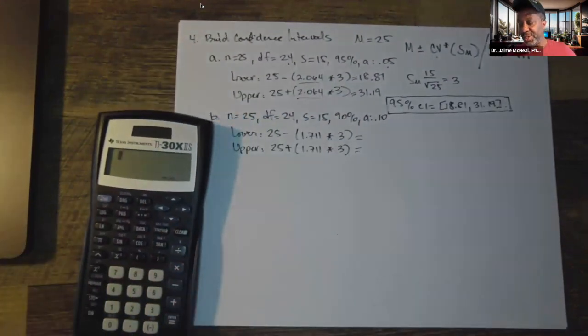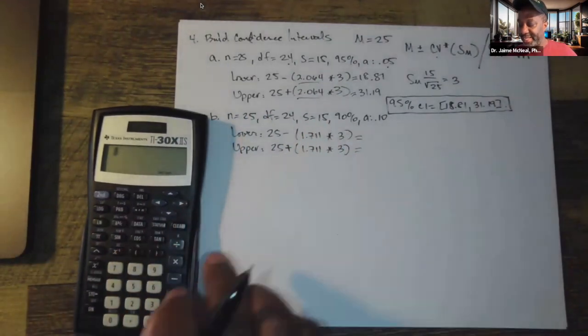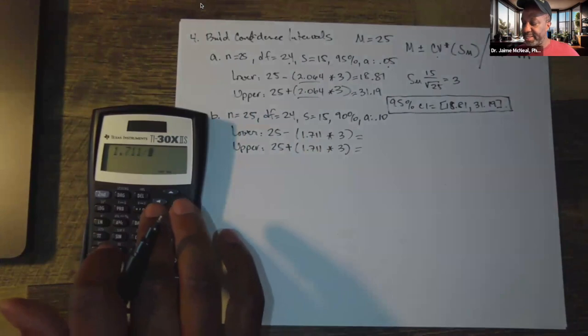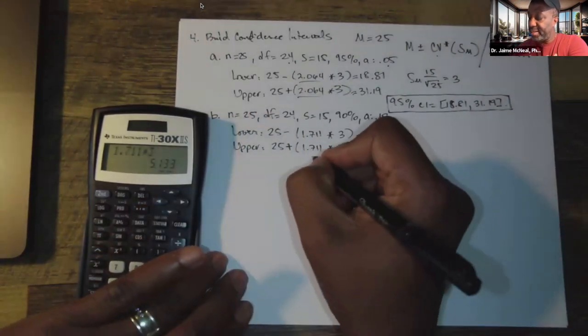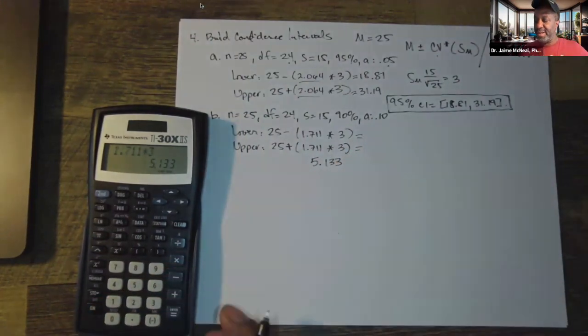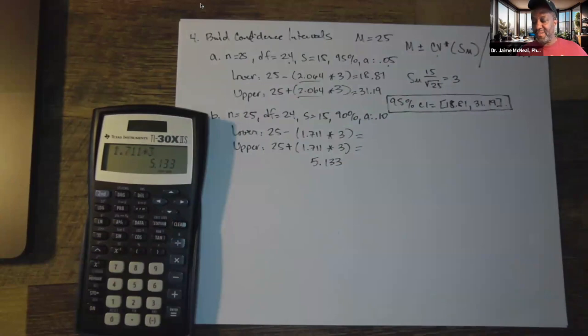So here's what I want to show you, the easier way. We could figure out what 1.711 times 3 is. It's 5.133. Now we know that we can just subtract 5.133 from 25 and then add 5.133 to 25, right?